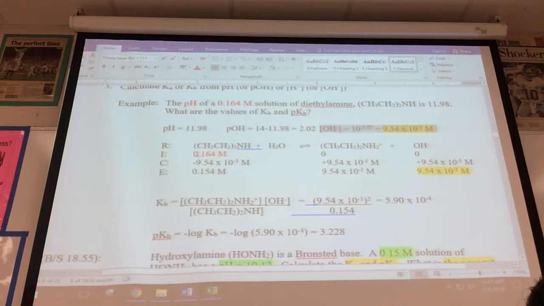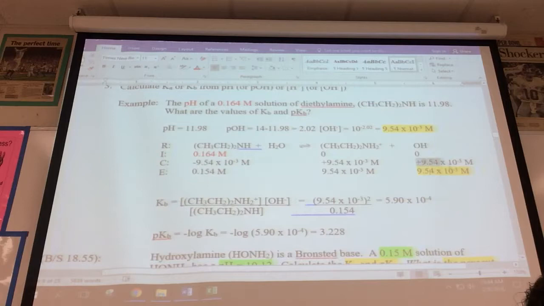So this was given, the initial amount shown here in red. We derive this very simply from the pH, pOH. We can get hydroxide ion concentration. Why are these the same? Because the coefficient is the same. So these are the same. So now we can work it backward.